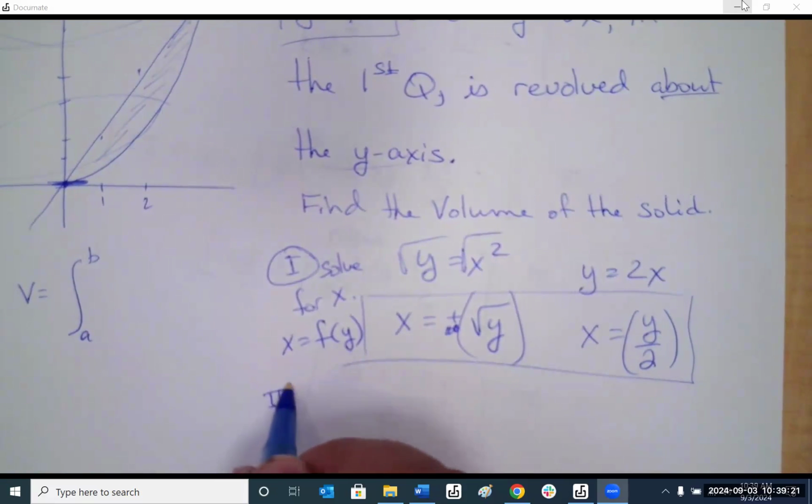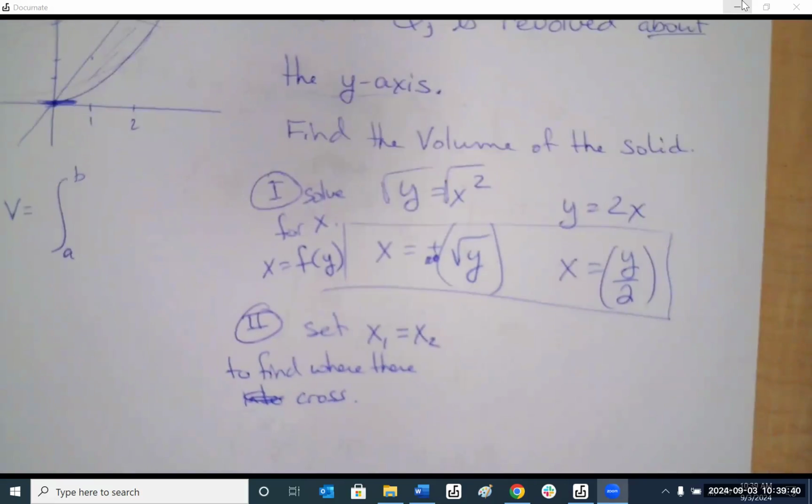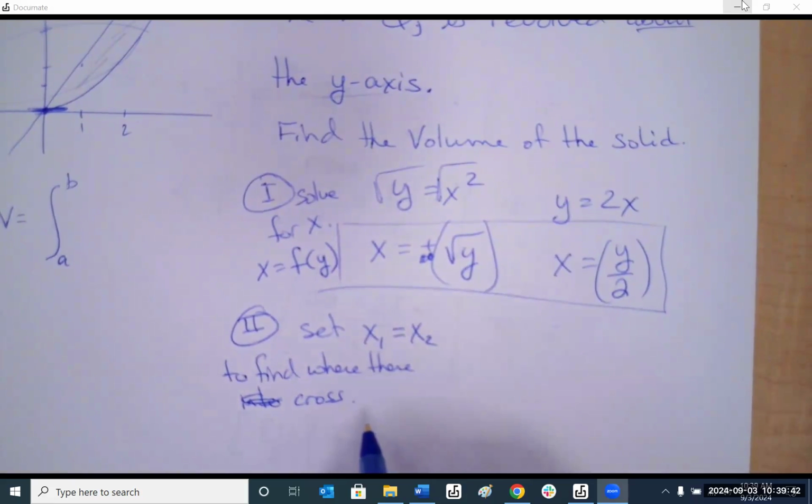Step 2: set x1 equal to x2 to find where they intersect or where they cross each other, because that's going to be our bounds of integration.